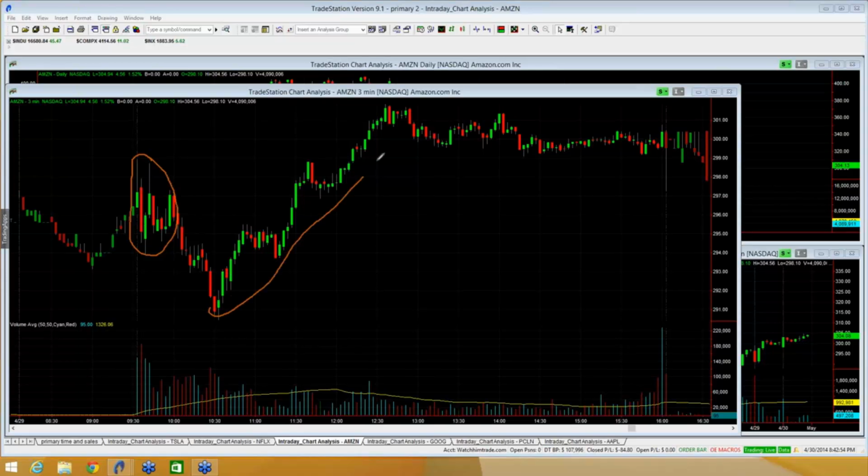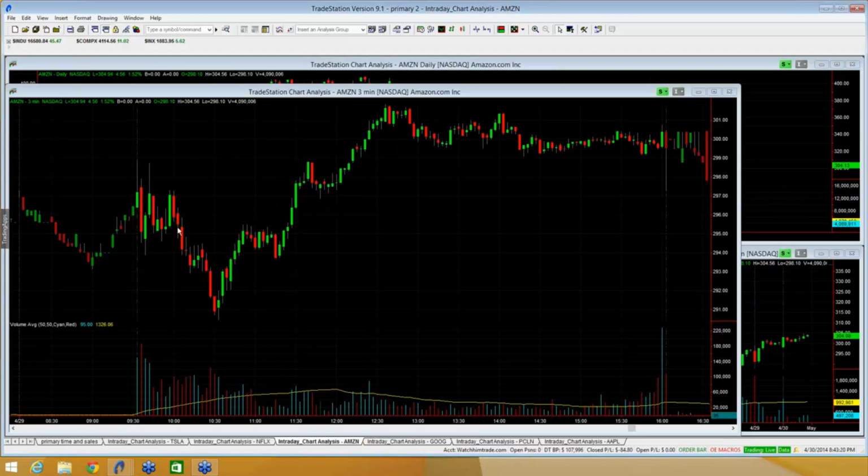Now, this was certainly a tradable move up, but would you rather have one good move to trade, or multiple good moves to trade? Yesterday, Amazon really only offered one good move to trade, and that was this bottom from 10:30 to 12 o'clock, whereas Friday and Monday, it offered multiple moves to trade.